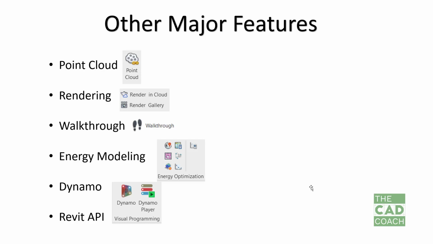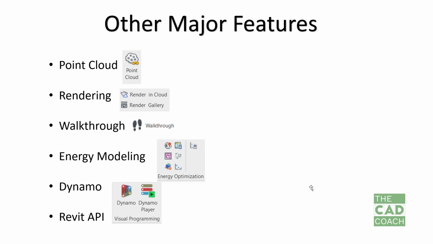The last and very important feature is Dynamo and the Revit API. Revit is already intelligent. A lot of drafting hours are already saved compared to AutoCAD or other 2D drafting tools. Beyond that, it can still be automated, and drafting man-hours can still be reduced, and an efficient building model can be made with the help of Dynamo or Revit API and programming.